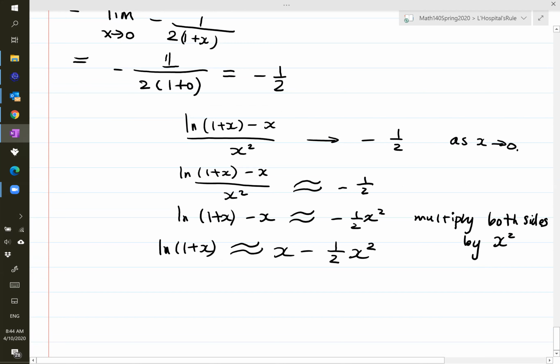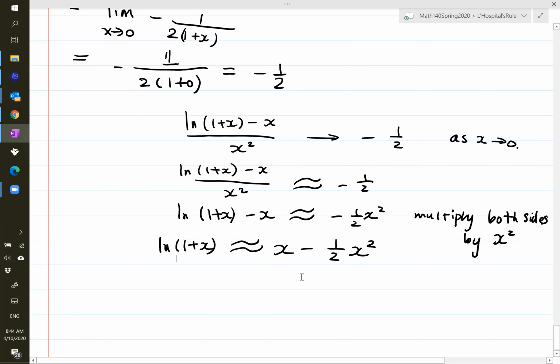Okay. So indeed, the right side is a polynomial. The left side is transcendental, ln. Now let's check how good this approximation is.